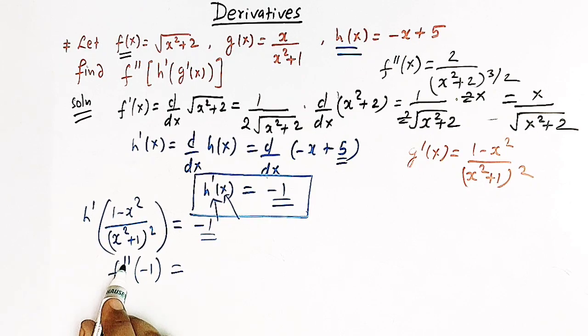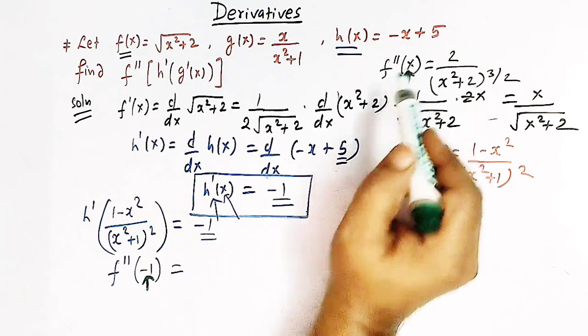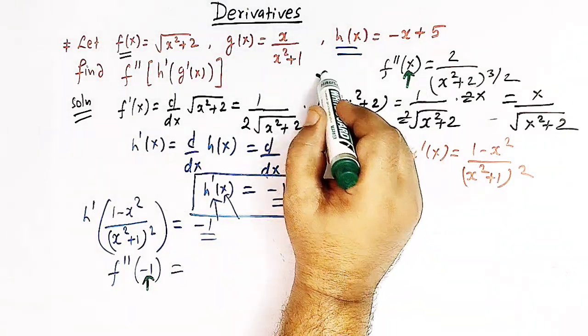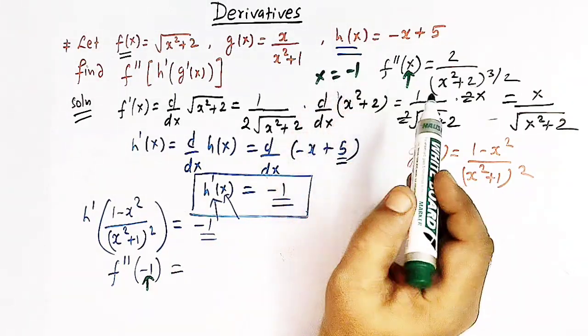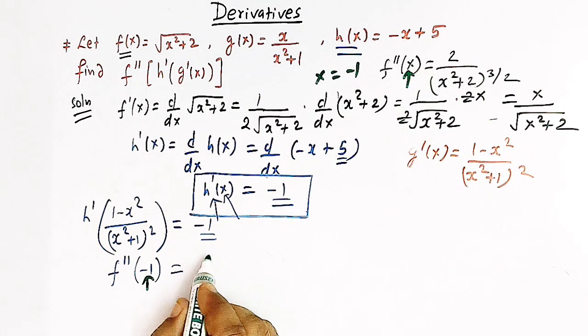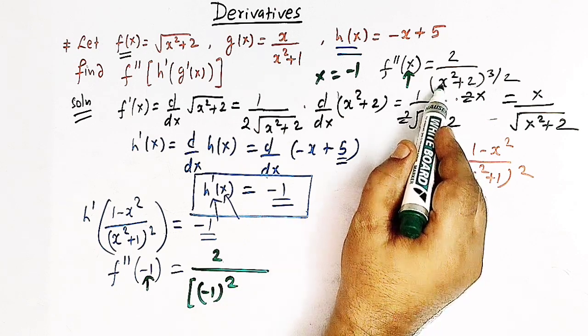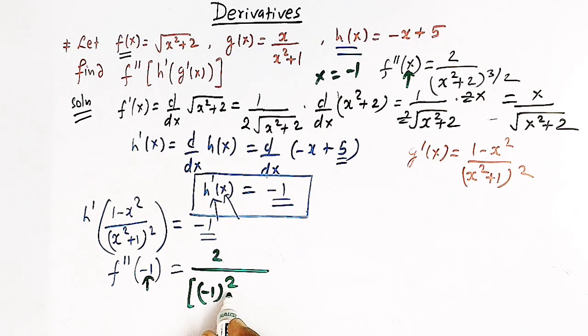So now f double prime of minus 1 can be obtained by replacing this x by minus 1. So when we take x is equal to minus 1 over here, we'll get the value of f double prime of minus 1, that is equal to 2 divided by we have minus 1 square, because x is equal to minus 1, and here we have the whole raised to 3 by 2.